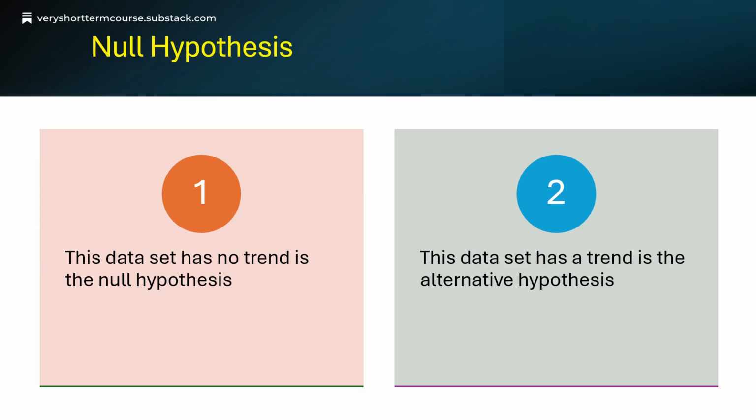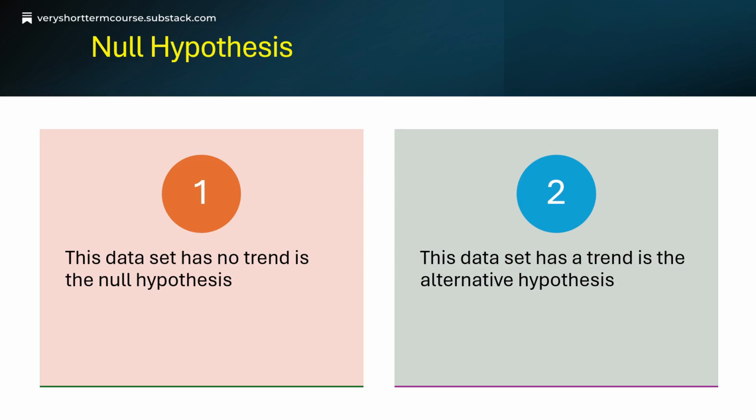Okay, never mind. As we know, any numerical model has a hypothesis, which is known as the null hypothesis. For this problem, the null hypothesis is that the data set has no trend. That means if the null hypothesis is true, there is no trend in the data set.